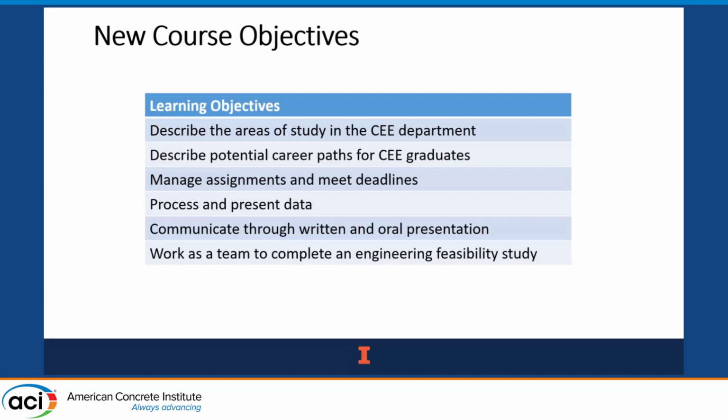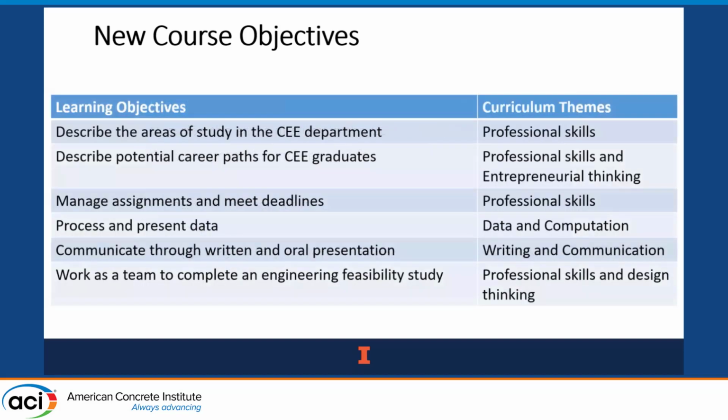We have how many committees here at ACI? This is something you don't get away from. And so again, we want to start building these skills early and reinforcing them throughout. So then these skills map over to those longitudinal threads that I talked about with professional skills, data and computation, writing and communication, et cetera, et cetera.